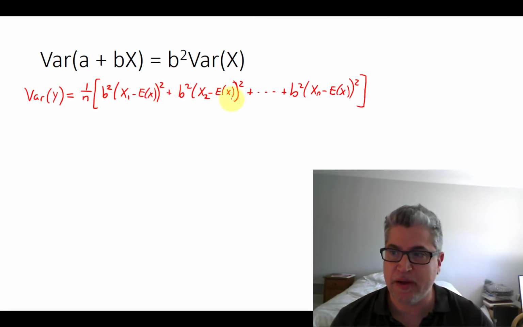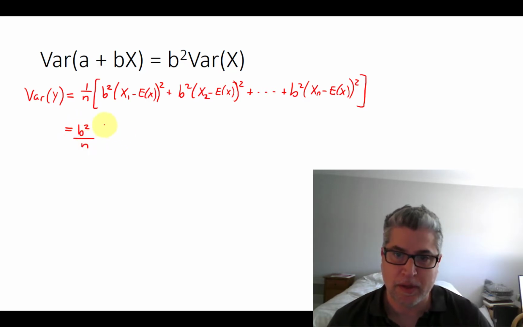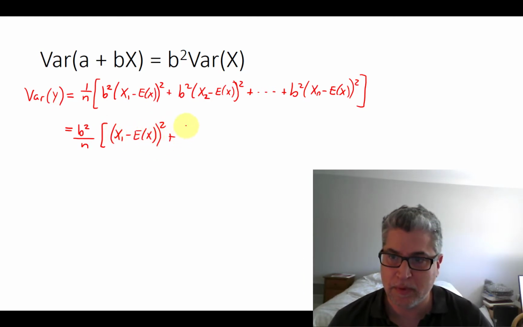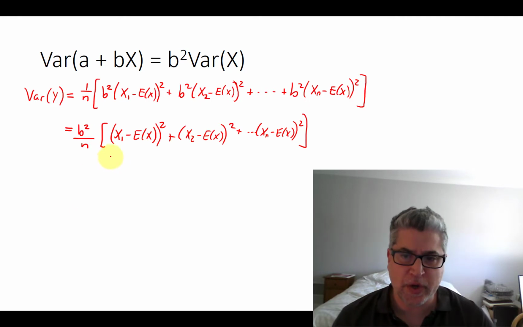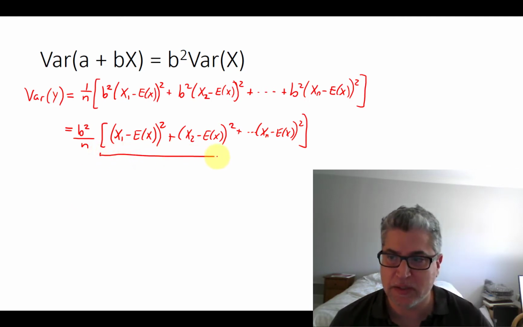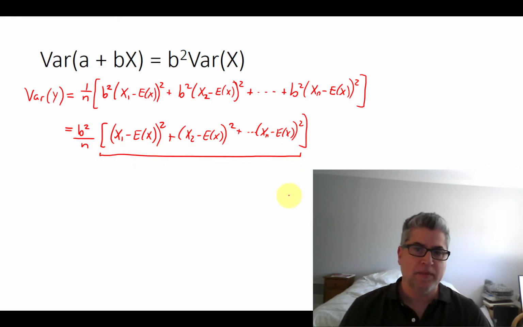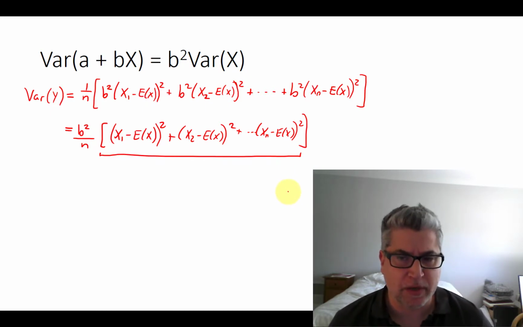We have b squareds everywhere. We can pull those out. Leaving us with something much simpler. x2 minus expectation of x squared, xn minus expectation of x squared. And now I want to draw your attention to this term in brackets, because now that should look familiar.